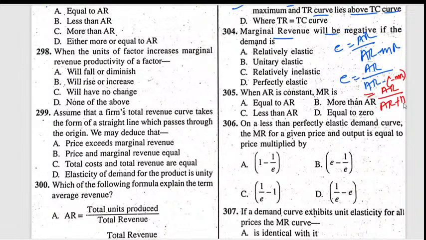In this case the denominator will be bigger than the numerator, hence the value of E will be less than 1.